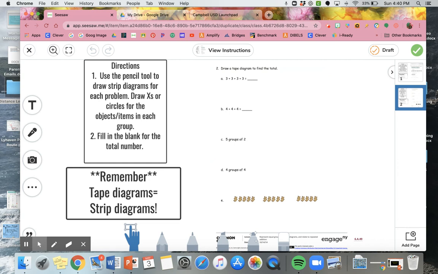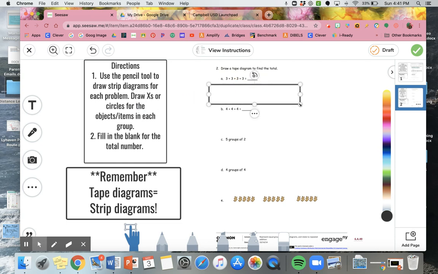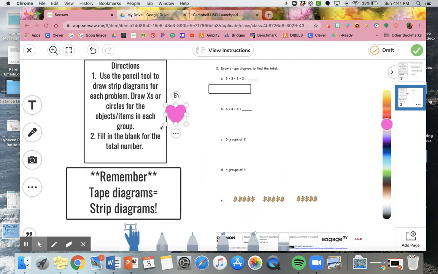You need to draw the strip diagram. Remember, tape diagram means strip diagram, so you need to draw it right here, okay? And if you want, for the objects, you can do this, where you have a strip diagram, and you probably need to make it kind of small. And then you can do a small shape inside of it.